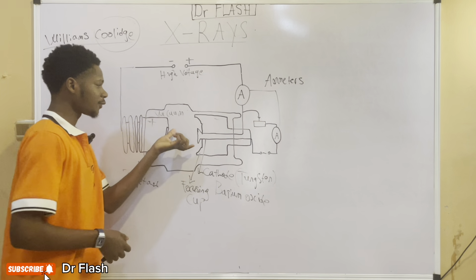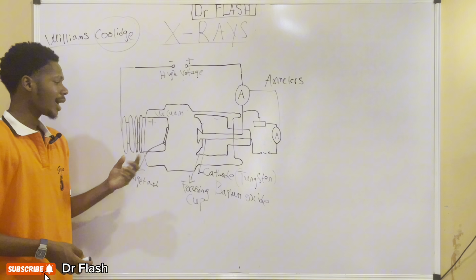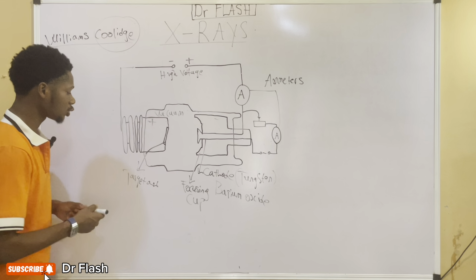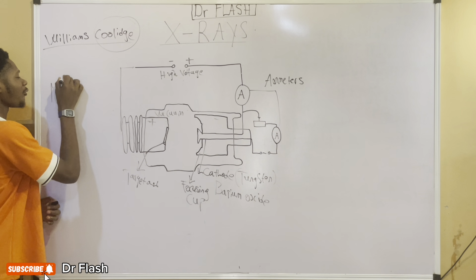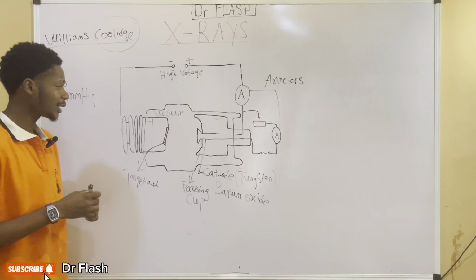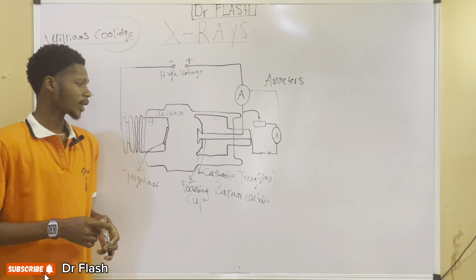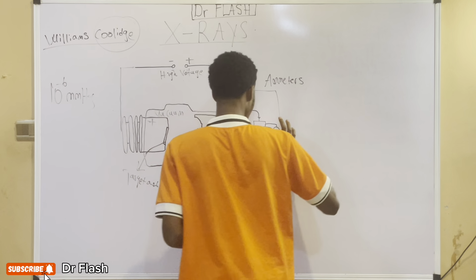So inside this tube is an evacuated chamber, a vacuum, and we usually maintain this tube at a pressure of about 10 to the power of -6 millimeters of mercury.